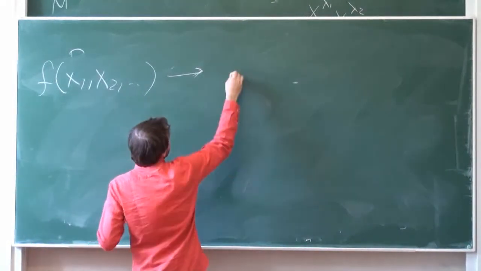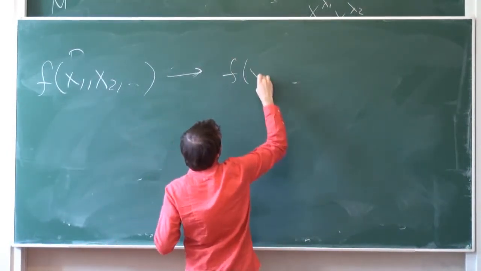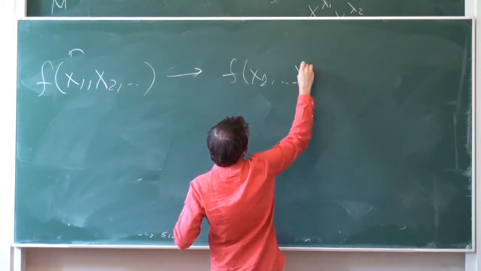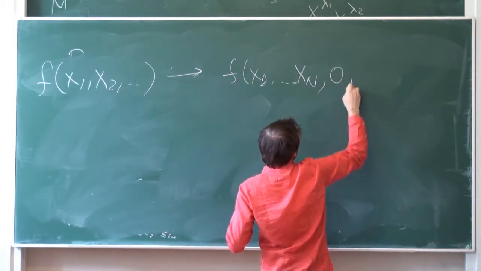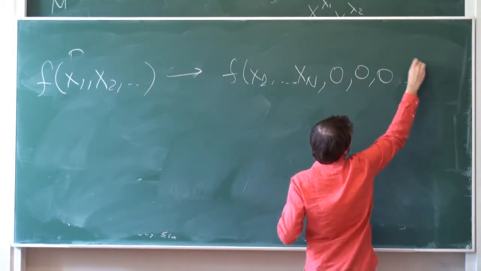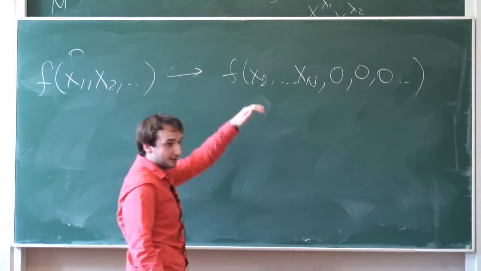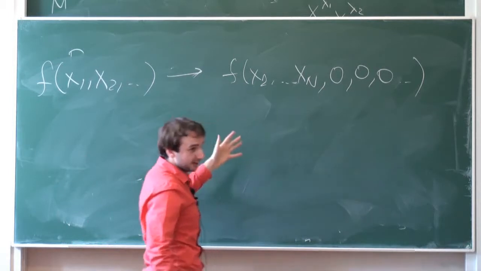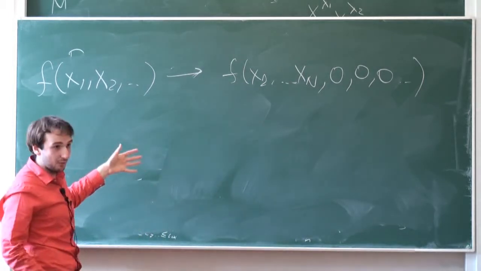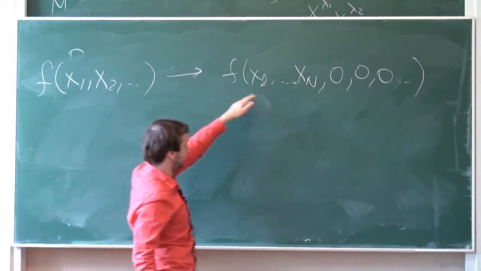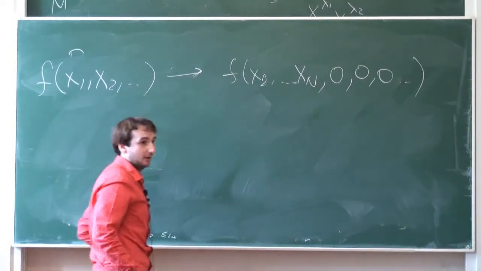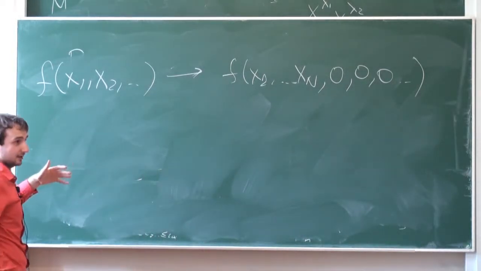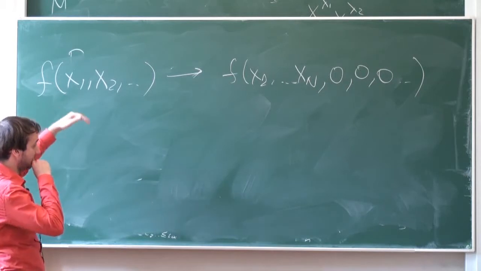So you map it to f of x1 up to xn, and then zeros. After substituting these zeros into formulas, you get something which is a symmetric function in variables x1 up to xn. And our bases behave well under these identifications.